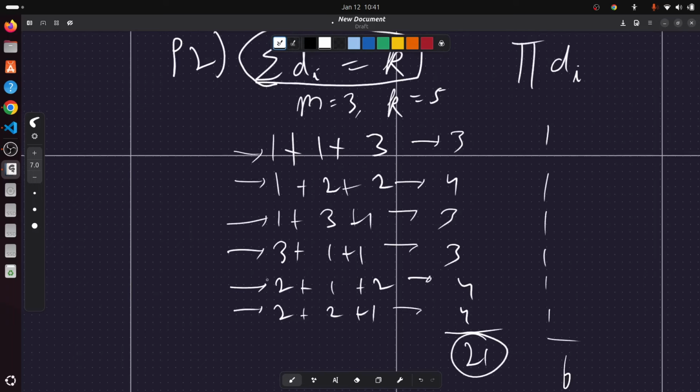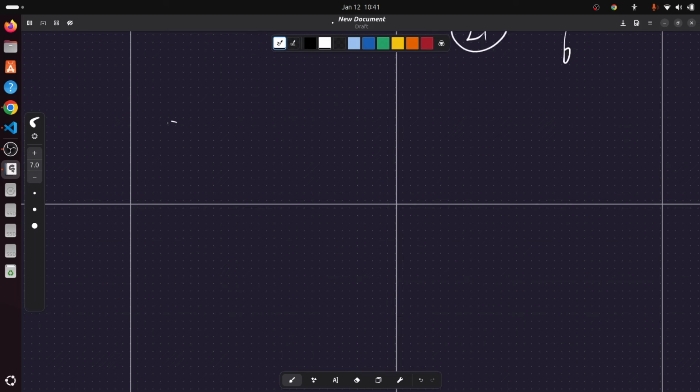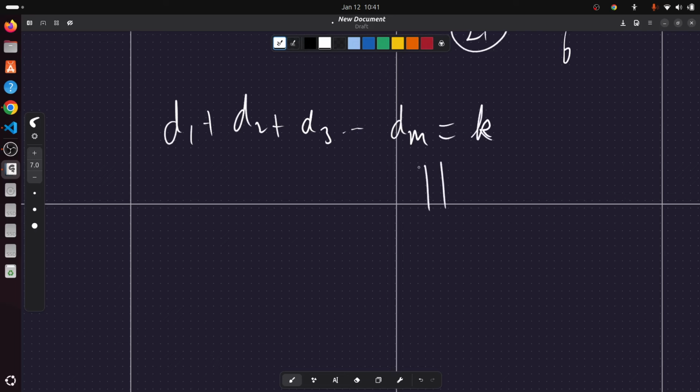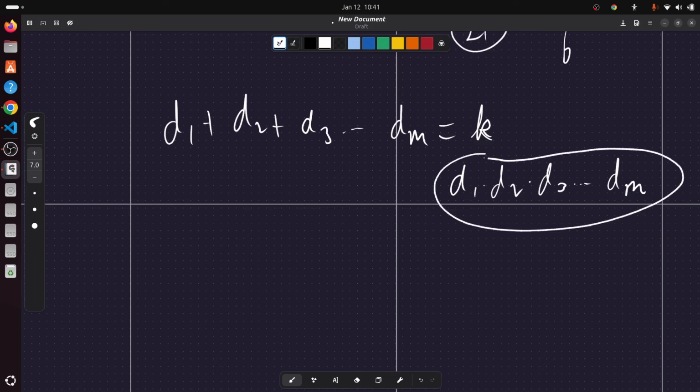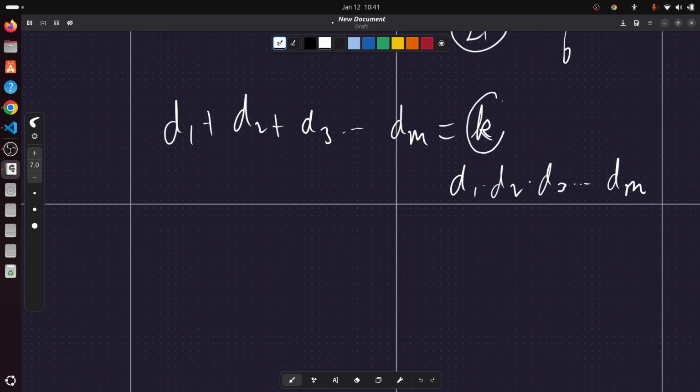If I have d1 plus d2 plus d3 up to dm equal to some k, and I want the product of di, that is d1 into d2 into d3 up to dm, I can think of this value as a physical, combinatorial thing. Basically, I can think of k as the number of balls, and m as the number of boxes.